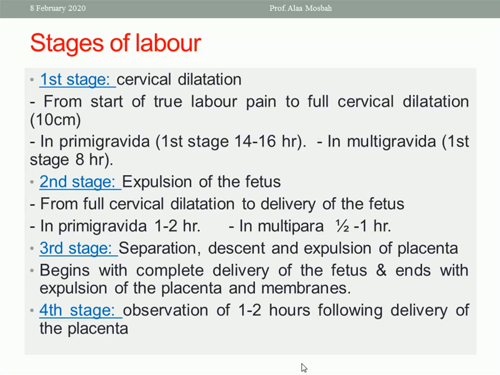Fourth stage is the observation of the woman after delivery for 1 to 2 hours for the vital signs, for uterine contraction, and for the amount of blood loss after delivery. This is the 4 stages of labor.